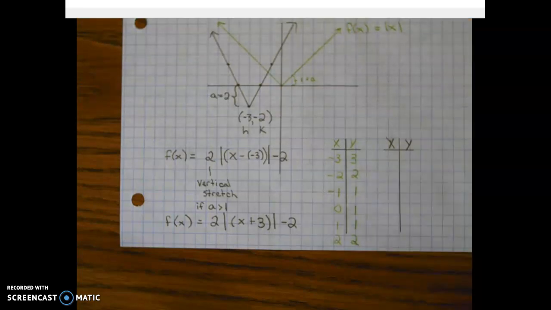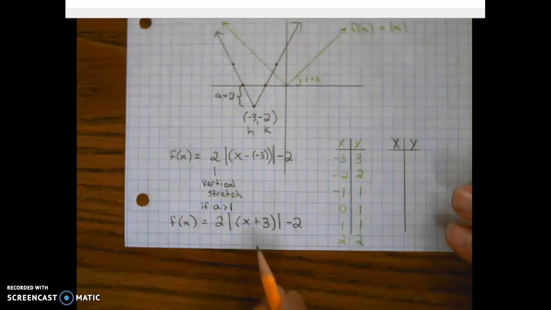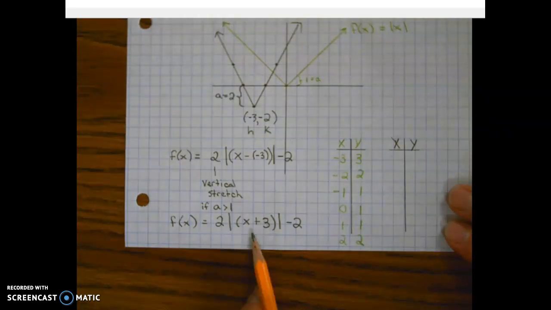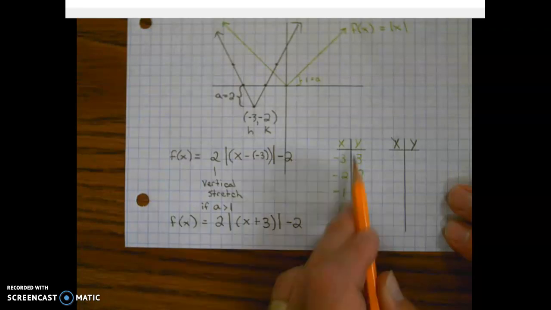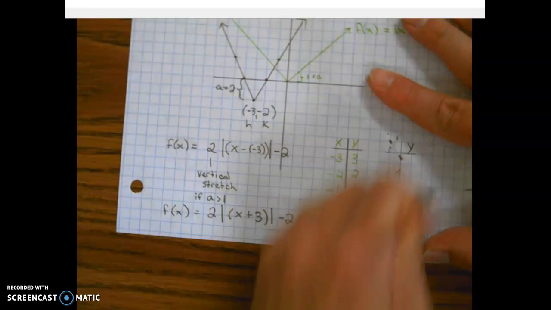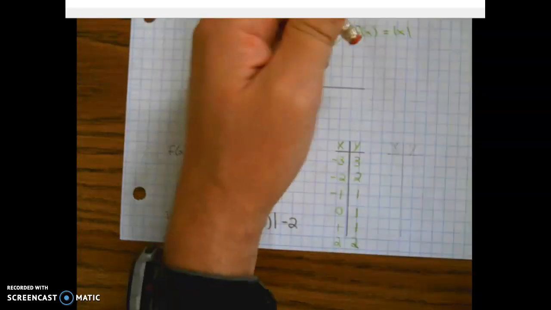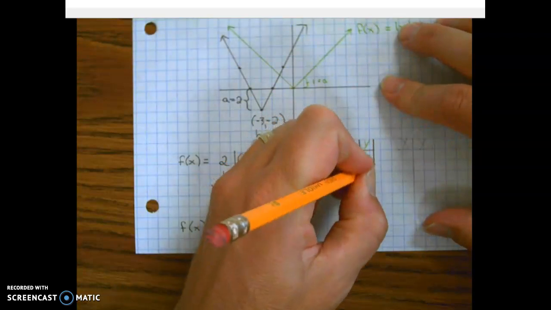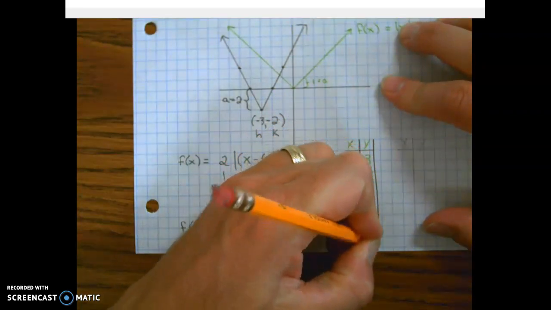Okay. So now, if we were to apply this information to our parent table, let's do that and see what we get here. So let's go ahead and apply to the y first.